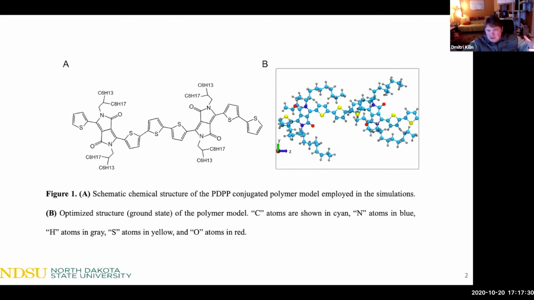So you're telling the trends, the main effects that play a role in the properties of this material. And of course, with a better functional, the quantitative metrics will be better and more valuable for comparison to experiment.